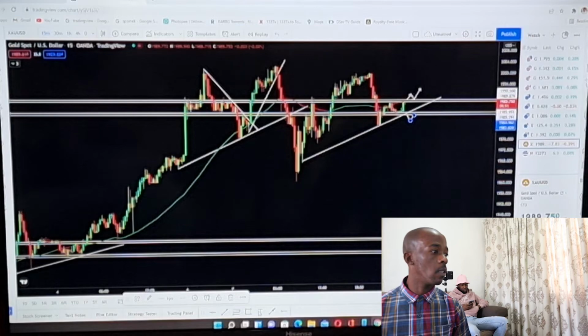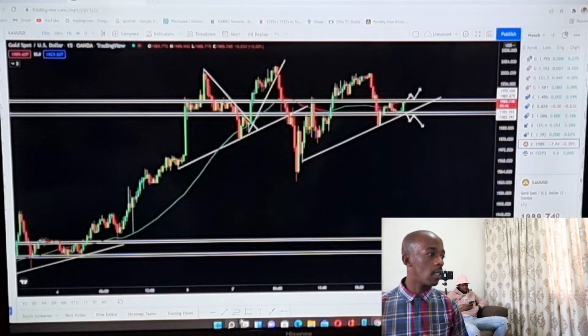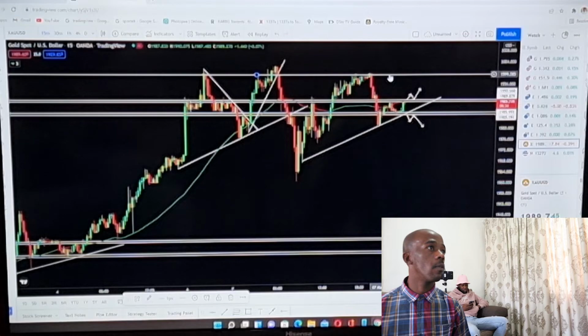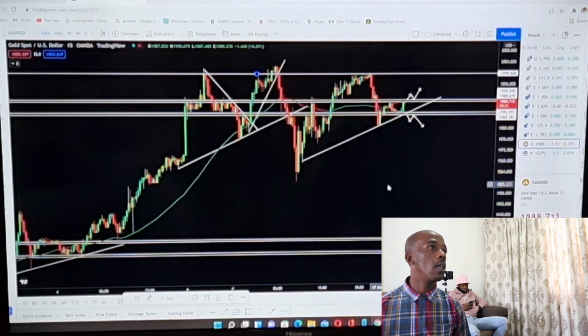I'll wait for a retest and it goes for sell. But the chances are it might go for buy until this level here. That's where it will be my take profit if it breaks up.